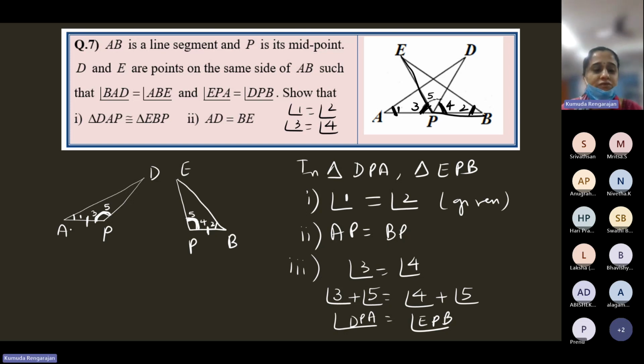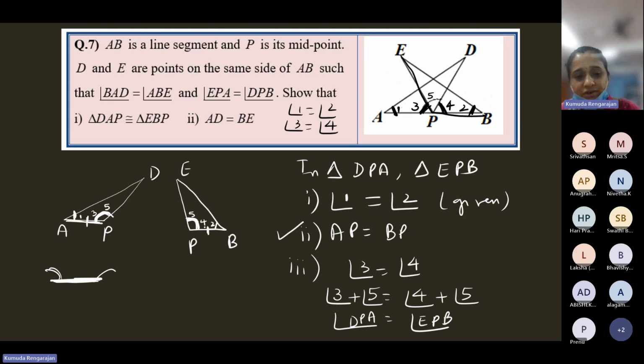Because in the first triangle, we have mentioned about the side AP, and the angles at A and P. See here, in the proof, we have mentioned about AP, and we have also mentioned about angle A and angle P. So two angles and the included side.